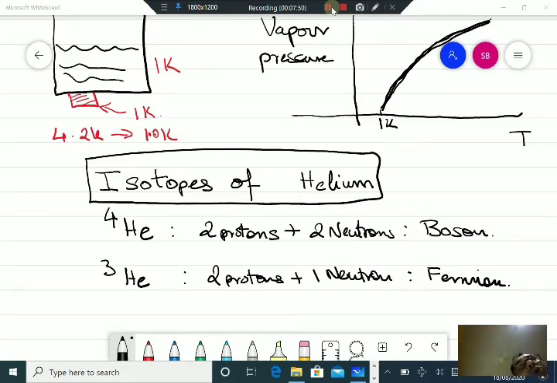Being a bosonic system, helium-4 can undergo a condensation into the superfluid state, which is a bosonic condensation, in which the superfluid becomes viscosity free. That is the superfluid transition of helium-4. Helium-3 on the other hand is a fermion, and it has properties which are slightly different from helium-4.